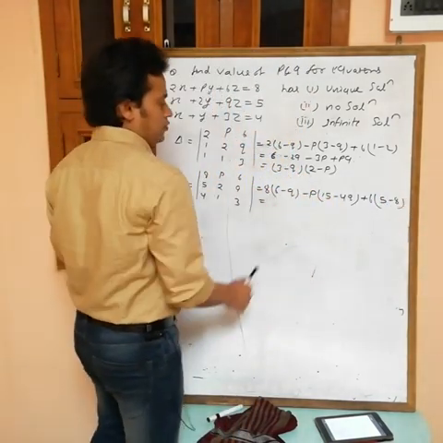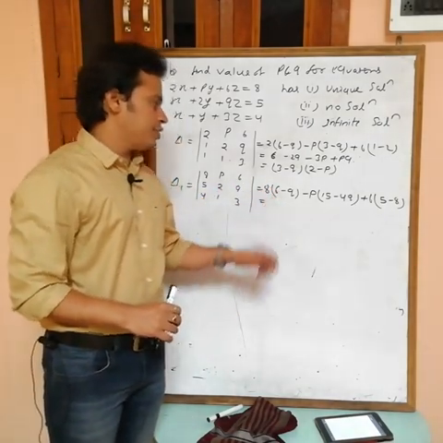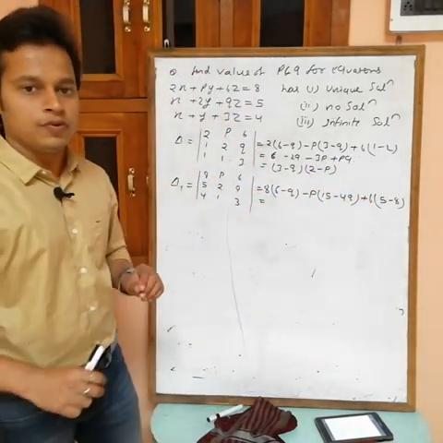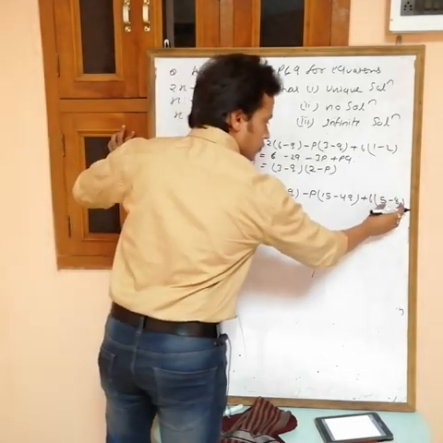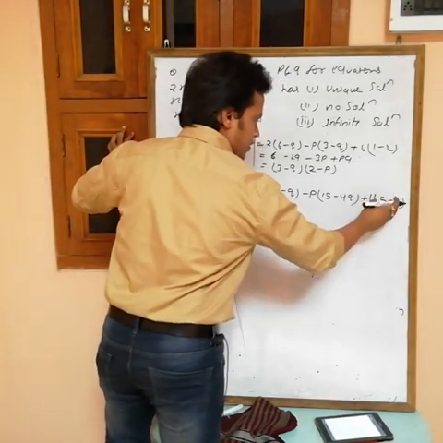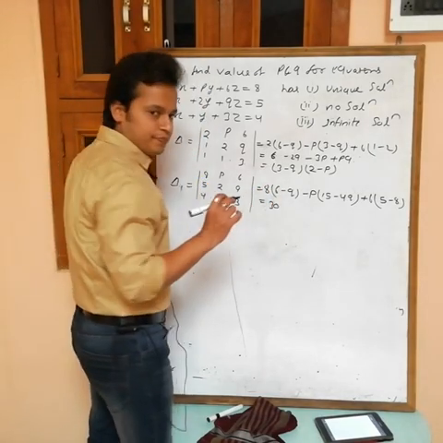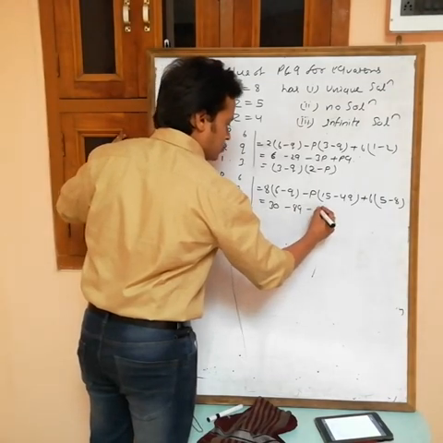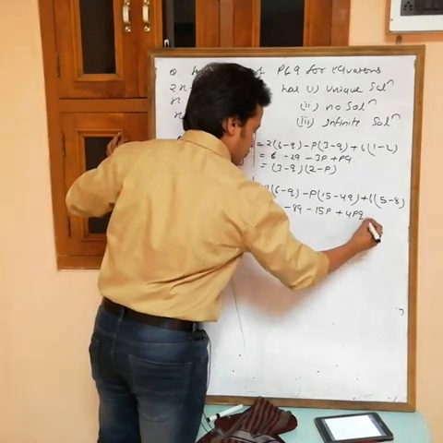Now if you solve this, you will get plus 48 minus 8q minus 18 minus 15p plus 4pq plus 30.